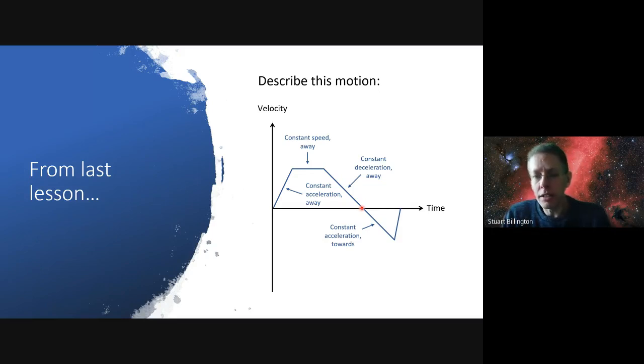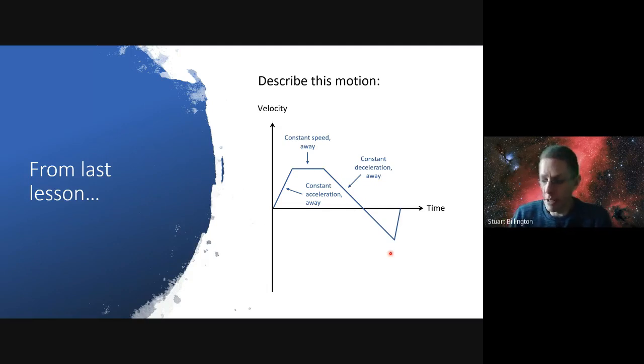Again, it's increasing in numerical value. So it was 0 where the laser pointer is, but as you go along the line, it's getting further and further and further up the velocity axis, just in a negative number rather than a positive number. So this again is an acceleration. And again, it's a straight line, meaning that it's changing by the same amount each second. So it's a constant acceleration.